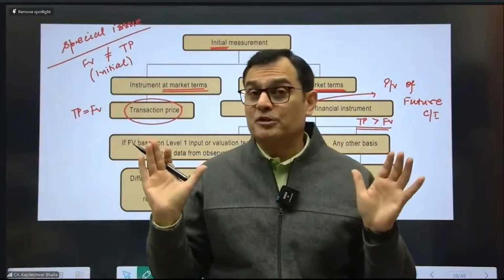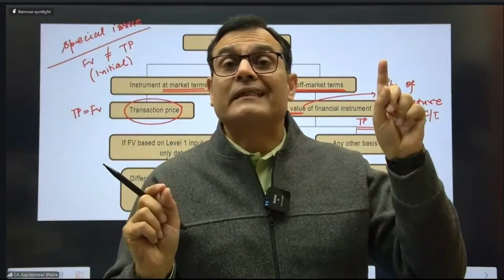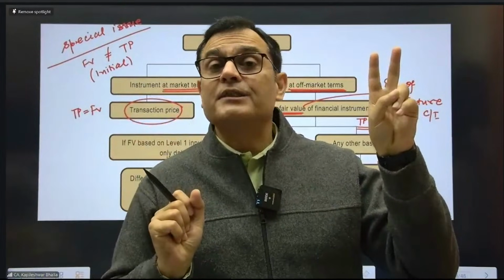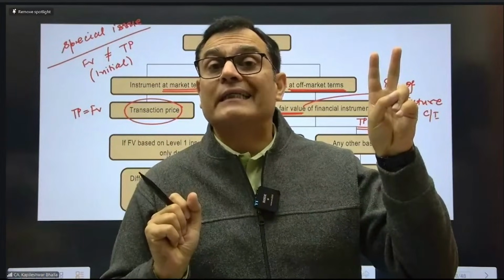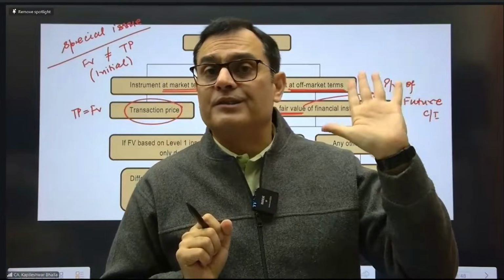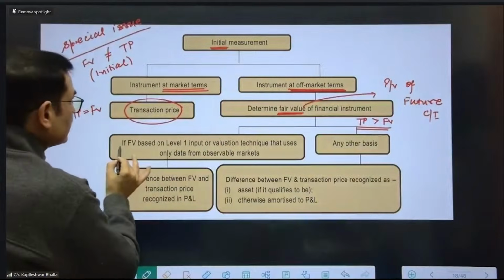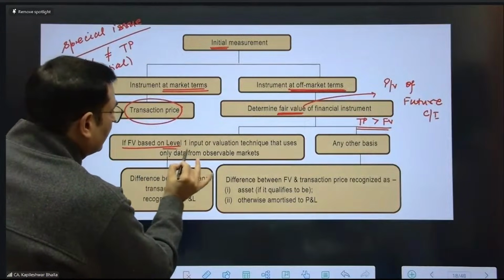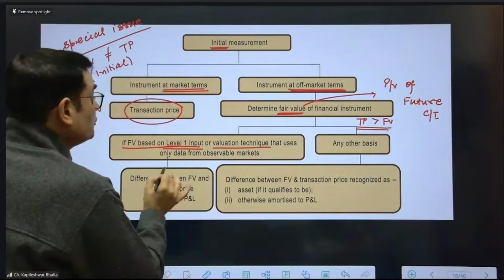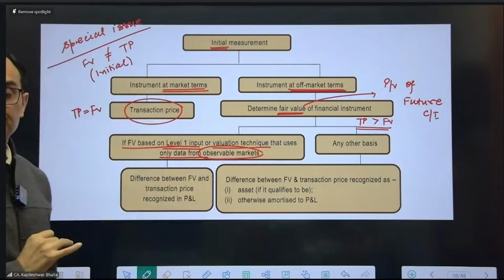I hope you got the inputs clear on what level 1, 2, 3 are. When I say it is directly observable, level 1. When I say it is observable, something which is identical, it's level 2. And when I say it is unobservable, it is level 3. Now see what it says. It says if the fair value is based on level 1 input or a valuation technique that uses only data from observable markets.